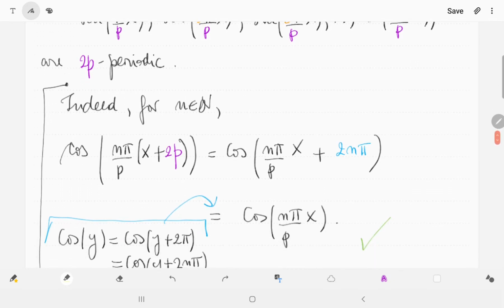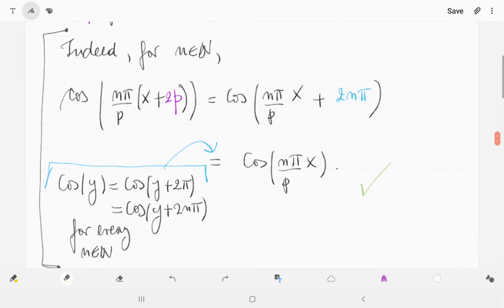We have here the computation, so we can take a look. Let's start with cosine of n pi over p x plus 2p. We just distribute these numbers to get exactly this, and now we know that cosine of y is equal to cosine of y plus 2p.